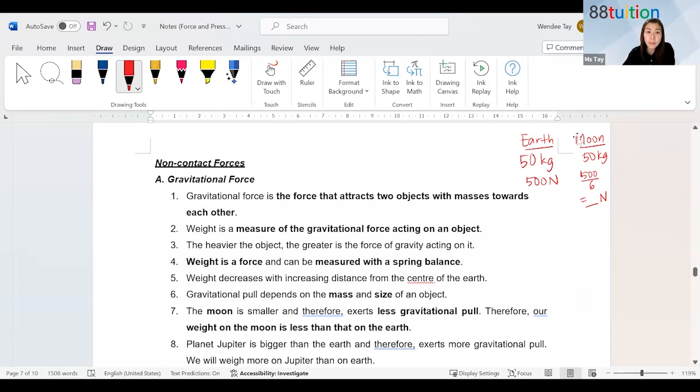If you are on another planet, it will depend on the gravitational field strength of that planet. Then you can calculate the weight. Is that okay? But your mass will stay the same throughout.